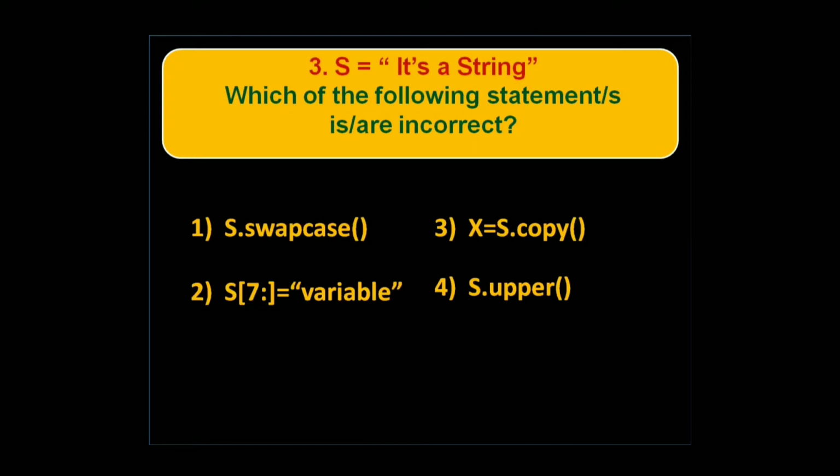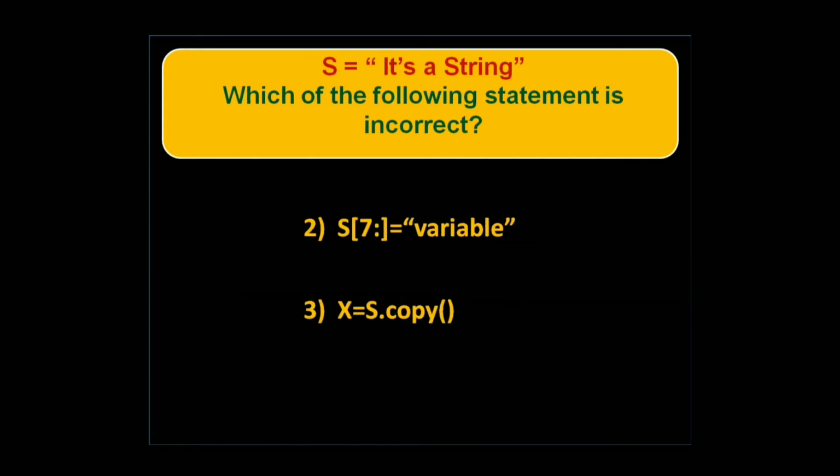You have the string and you are supposed to find the incorrect statement. And here are your 4 options. The incorrect statements are the second and the third ones. That is, in the first, you are basically assigning a different word to certain characters from the 7th character up to the end.